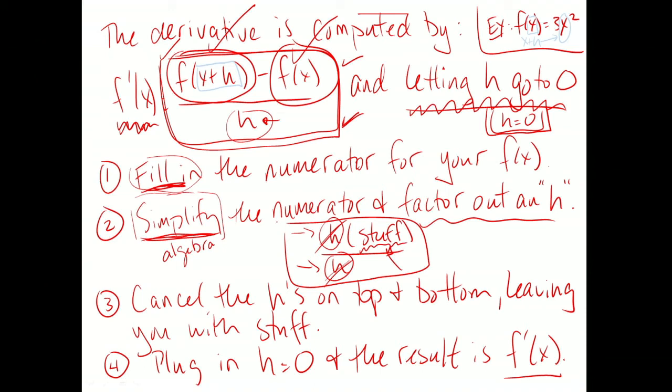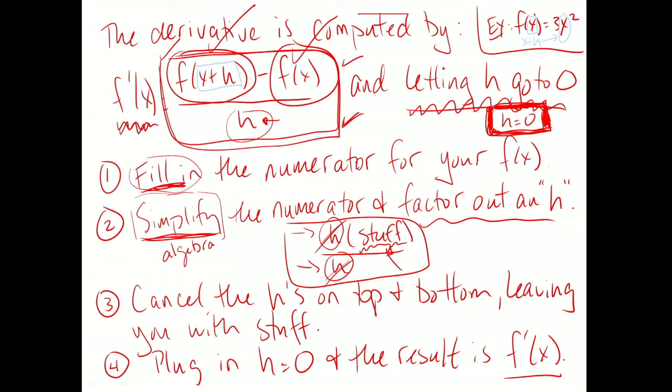That's step 3. The very good news is that by the time you finish step 3, you'll have canceled your h's. Now there might still be some h's floating around in the stuff, but you'll have done the very key step. Remember, what was magical about this whole process is that at the end, all of these guesses and all this computation was so that we could get an idea of what the derivative was.